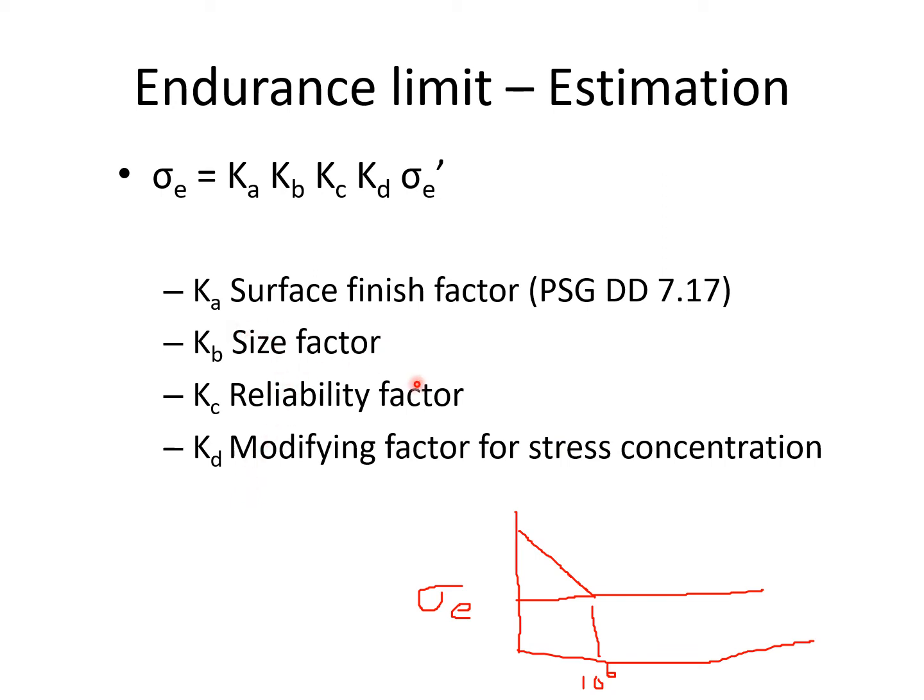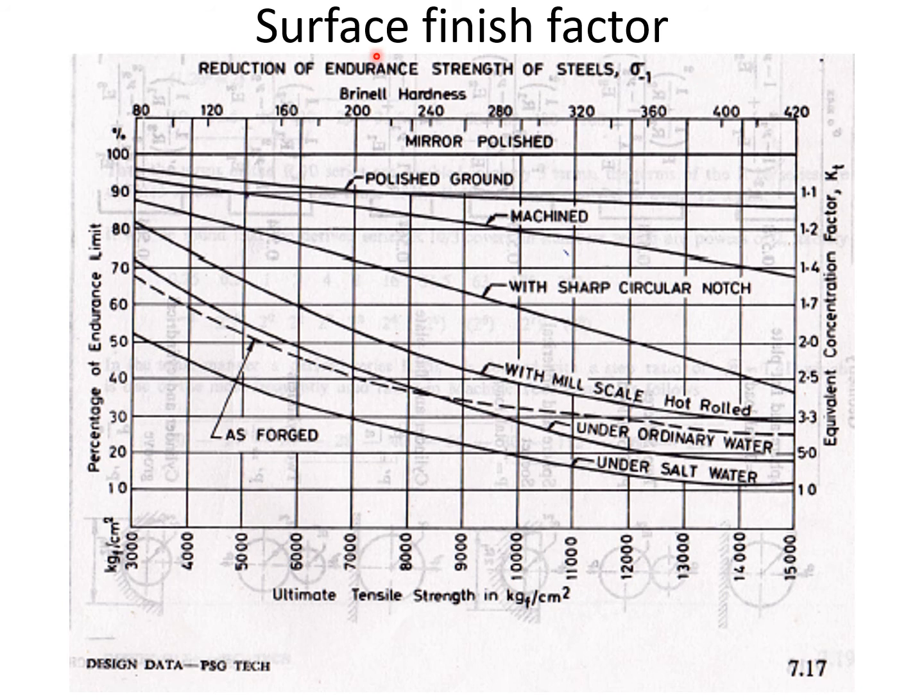The size and reliability factors we will see here itself. This is the surface finish factor. For a particular kind of surface finish, in our problem they will give us the strength. We compare the strength value and the surface finish given, and by matching we get the Ka value.